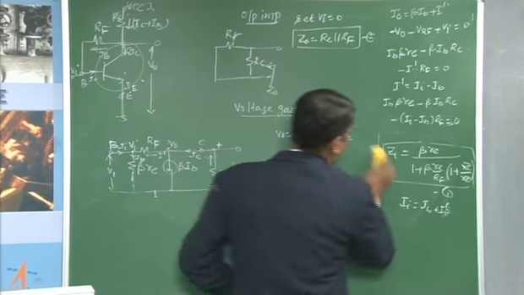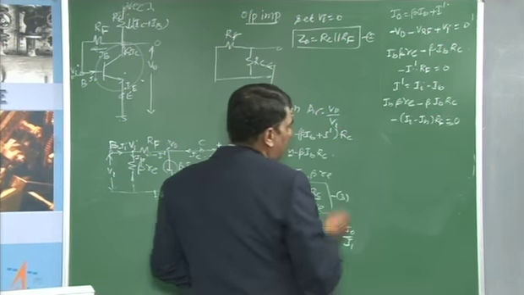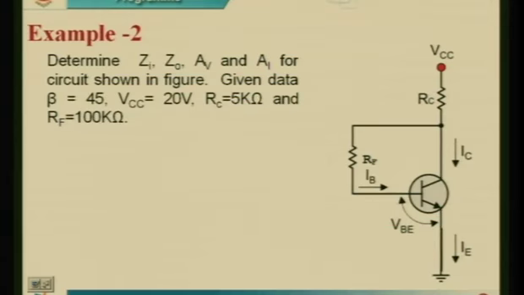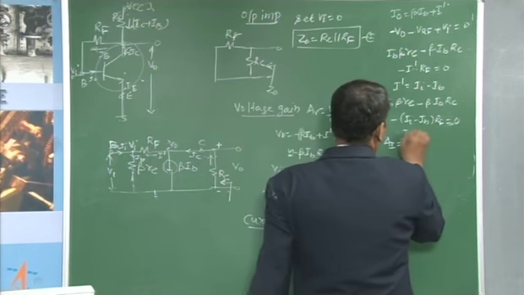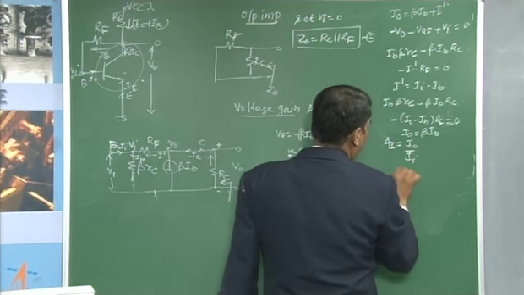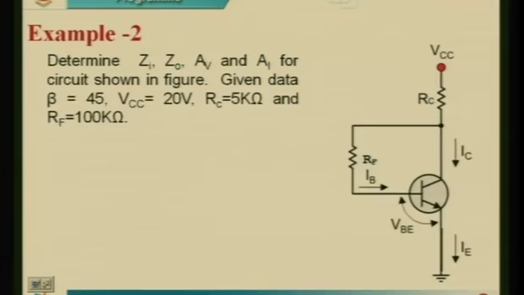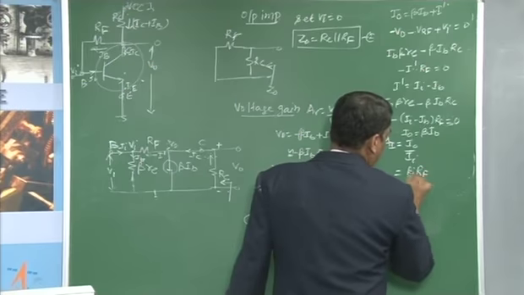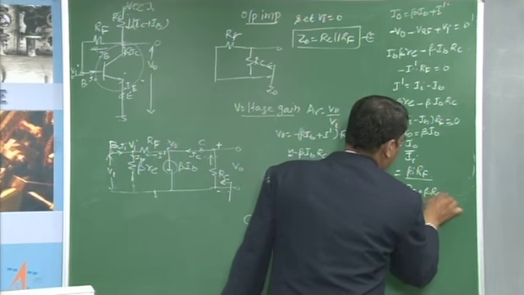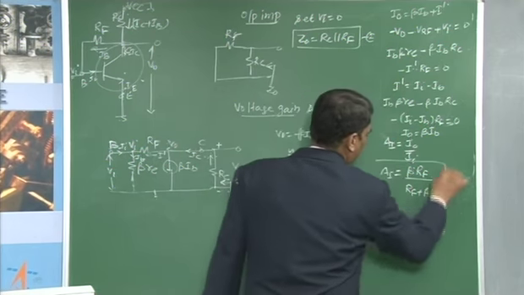If you simplify this equation and substitute I naught equal to beta times IB, you are going to get that I naught by Ii is given by that expression: beta RF divided by RF plus beta RC, the exact expression for the current gain.